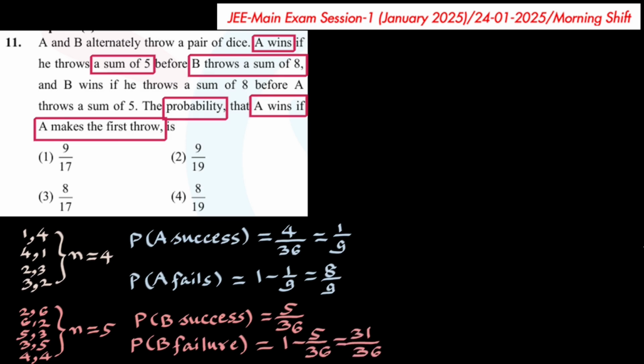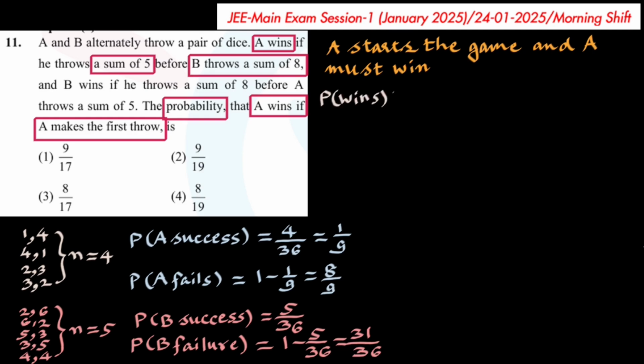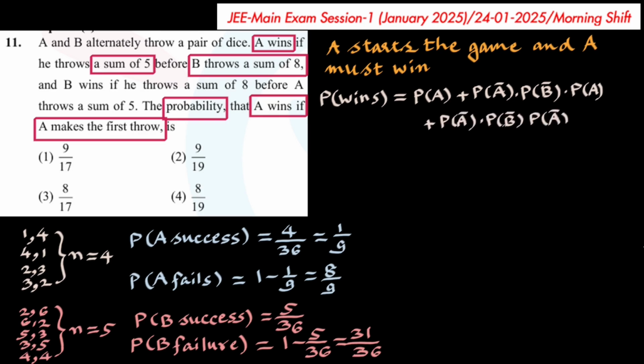Please note that A starts the game and A must win. So the probability of winning will be, in the first attempt A wins, there is no question of B winning. In the second case, the probability that A fails, the probability that B fails, into the probability that A wins, plus in the third case A fails, B also fails, again A fails, B fails, and finally A wins, plus so and so forth.